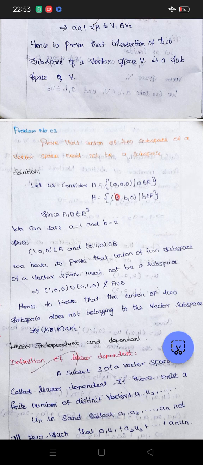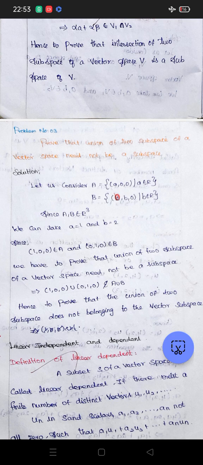Prove that the union of two subspaces of a vector space need not be a subspace. So we can assume that capital A is equal to the set of all (a, 0, 0) such that a belongs to R, and capital B is equal to the set of all (0, b, 0) such that b belongs to R, since a, b belong to R cube.